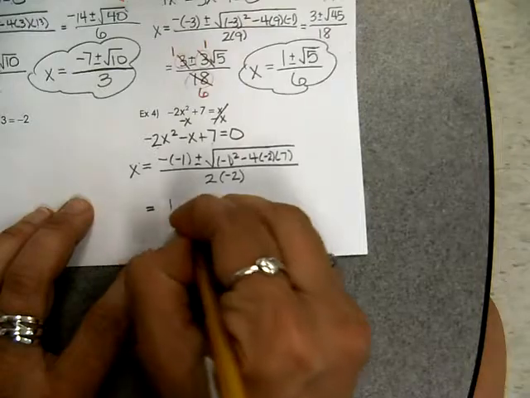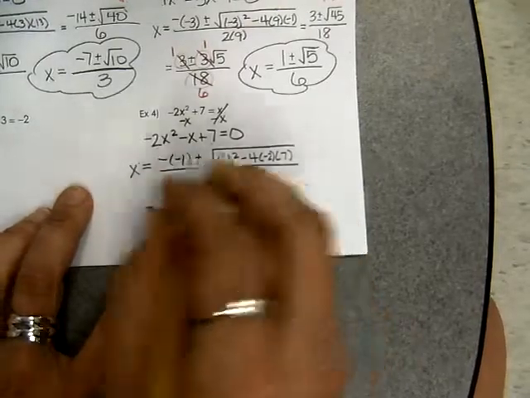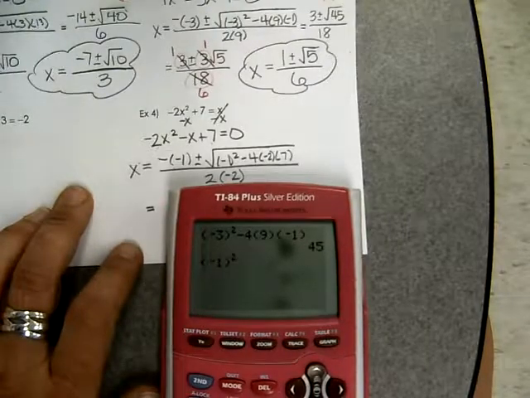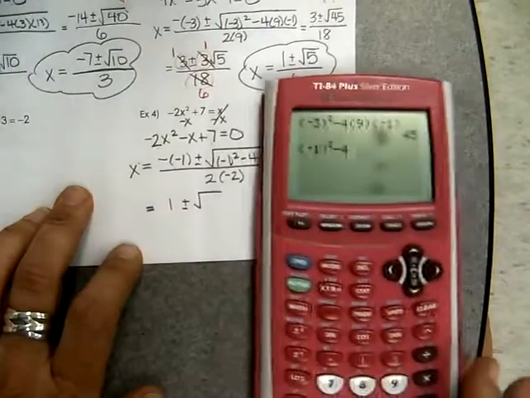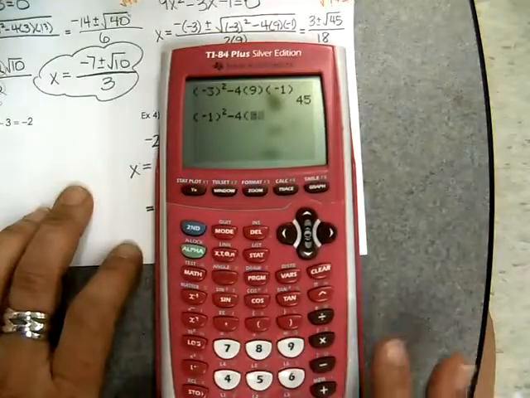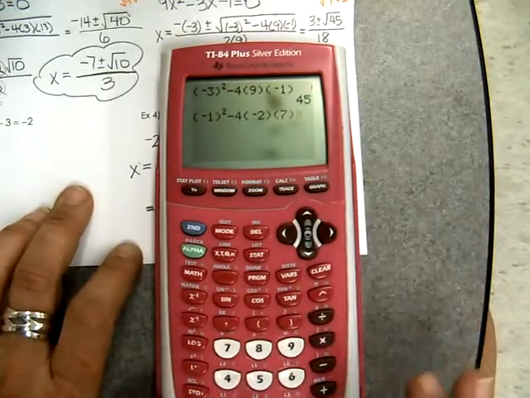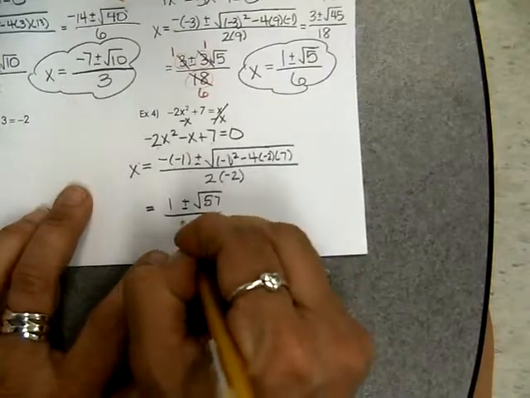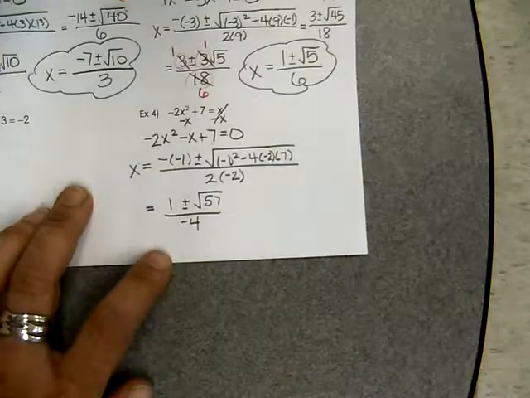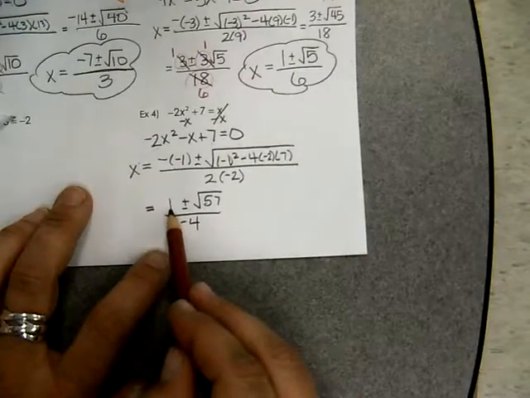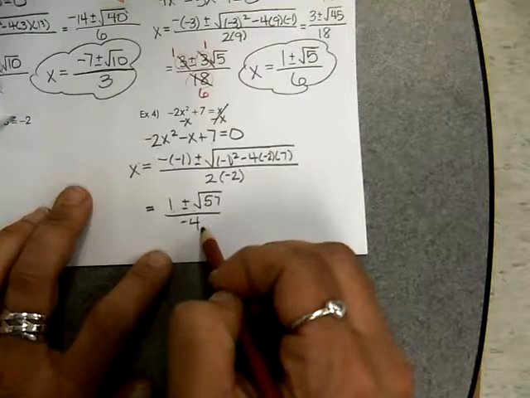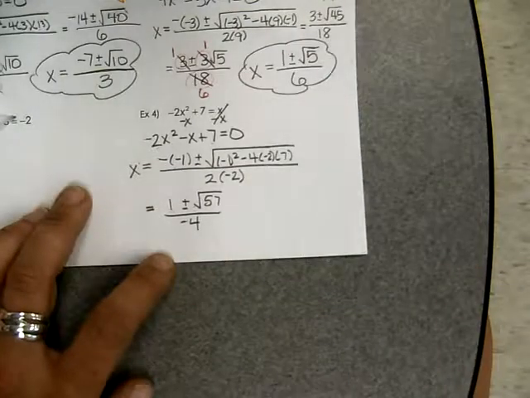Negative 1 is positive 1, plus or minus the square root. Negative 1 squared minus 4 times negative 2 times 7 gives me 57. All over negative 4. We look at the terms here, 1, 1, and the coefficients 1, 1, and negative 4. And there's not really anything in common.